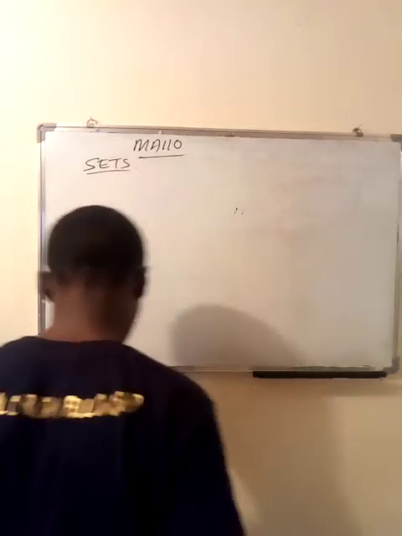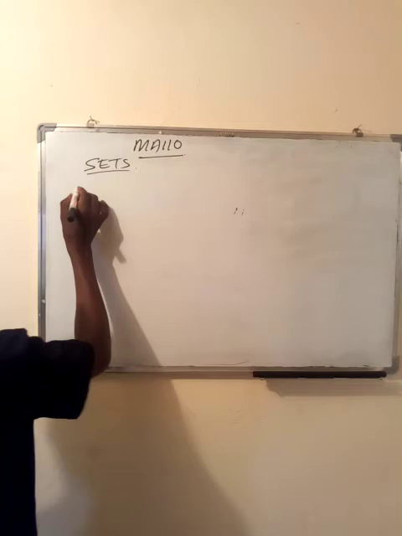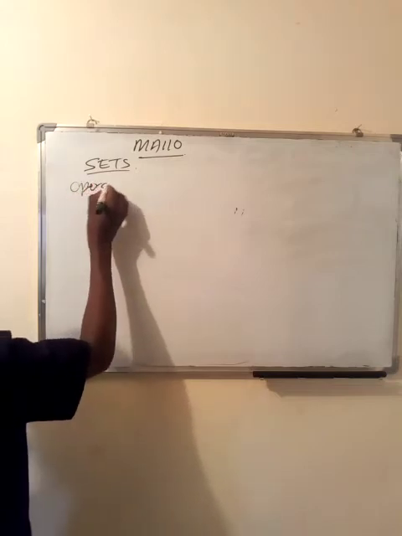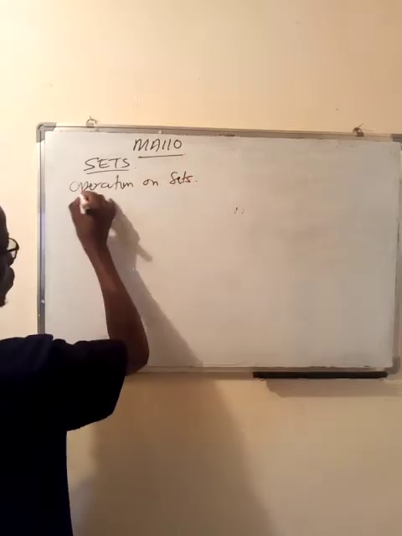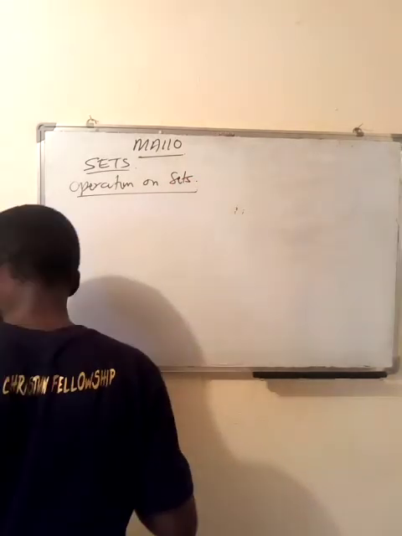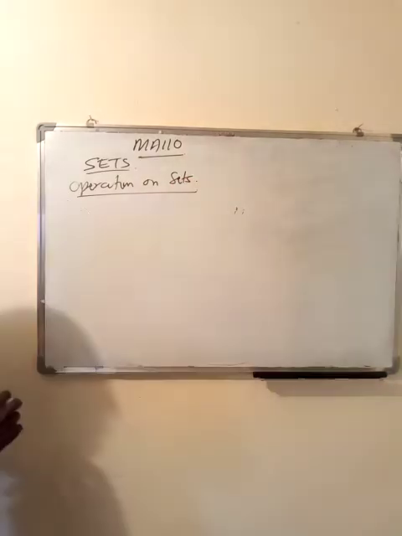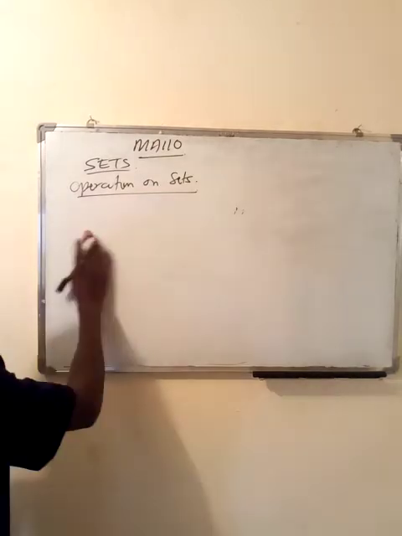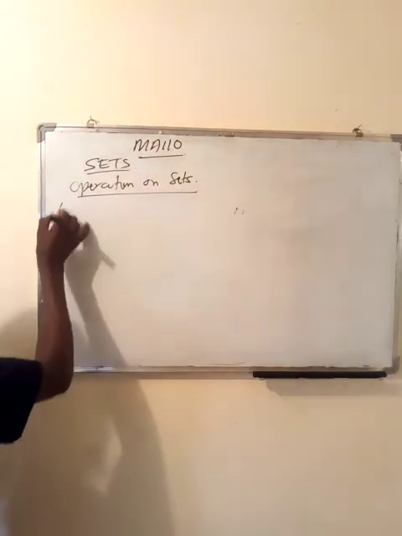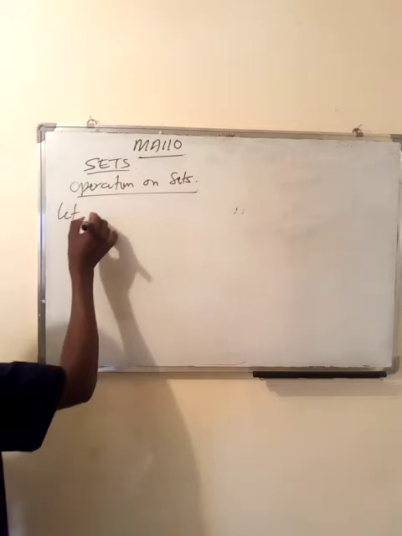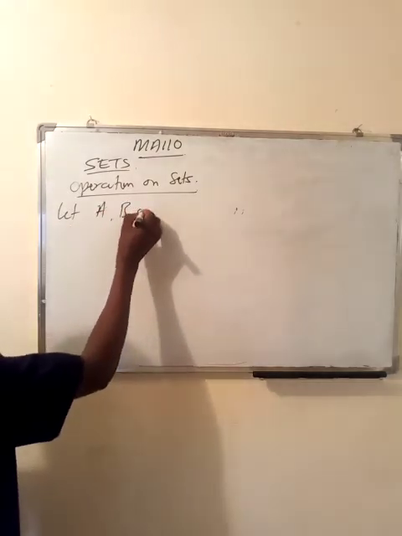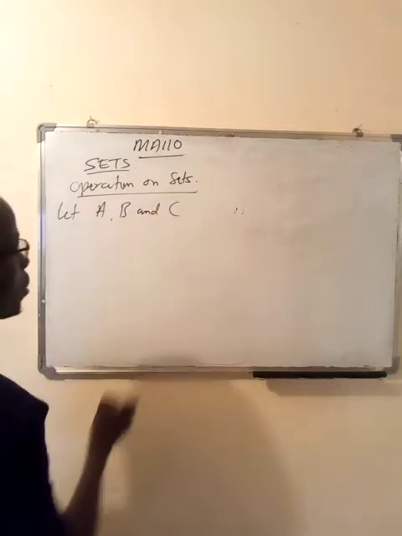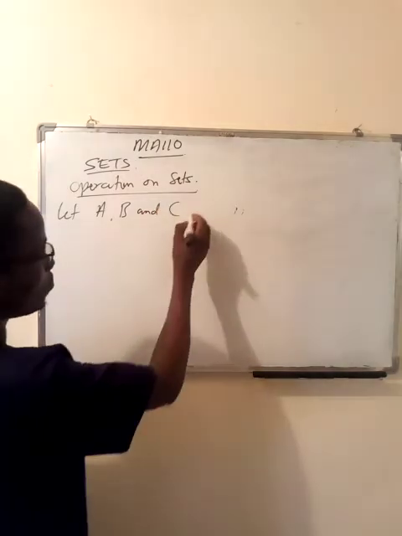Let A, B, and C be any sets. Then we say there is one called the universal set.